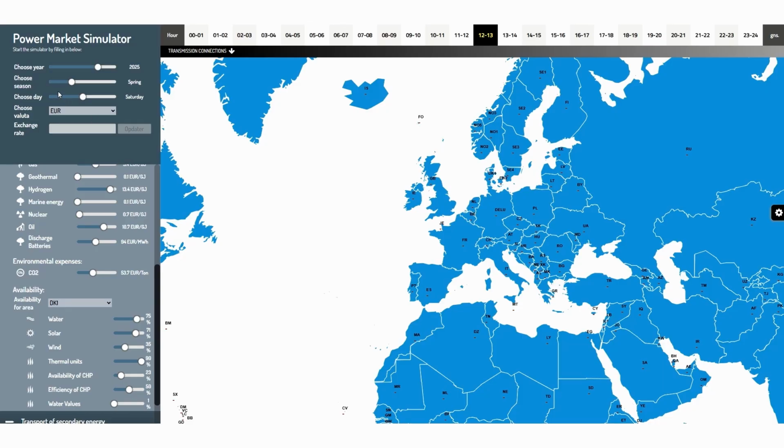If I go to winter time, change this here to winter, and click again on this hour, you can see that the availability of solar has decreased. So when the user changes these parameters, the season and Saturday and hour, these values will automatically change so that the user doesn't need to take into consideration the availability of these different parameters.